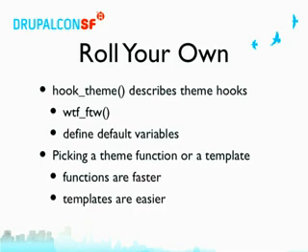So the theme registry is extremely useful, and the theme function will look and see how this actual theme hook is implemented. Is it a .tpl file? For example, the node module has a node.tpl.php, which is just a simple HTML file with a couple of little PHP snippets in there that say, print this variable, print that variable.